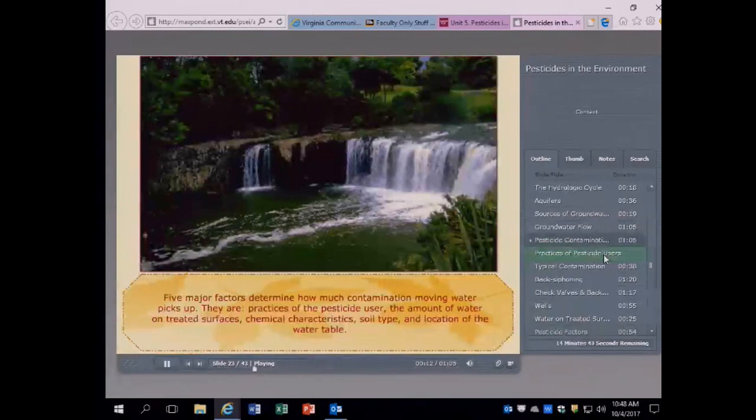There are some major factors that determine how we can contaminate water. There are 5 major factors that determine how much contamination moving water picks up. They are the practices of the pesticide applicator, the amount of water on treated surfaces when we apply pesticides, and the chemical characteristics of what we use, whether the chemical might be soluble or insoluble. It may have some other characteristics.